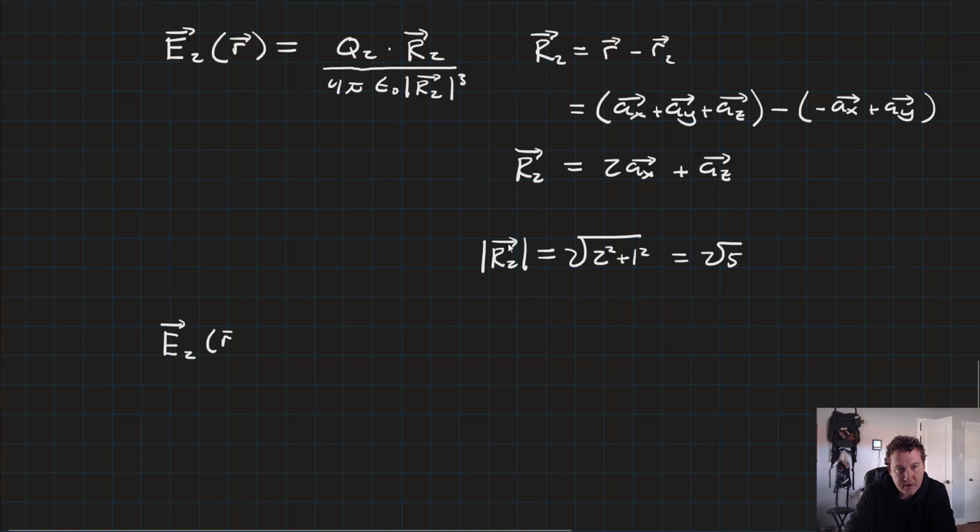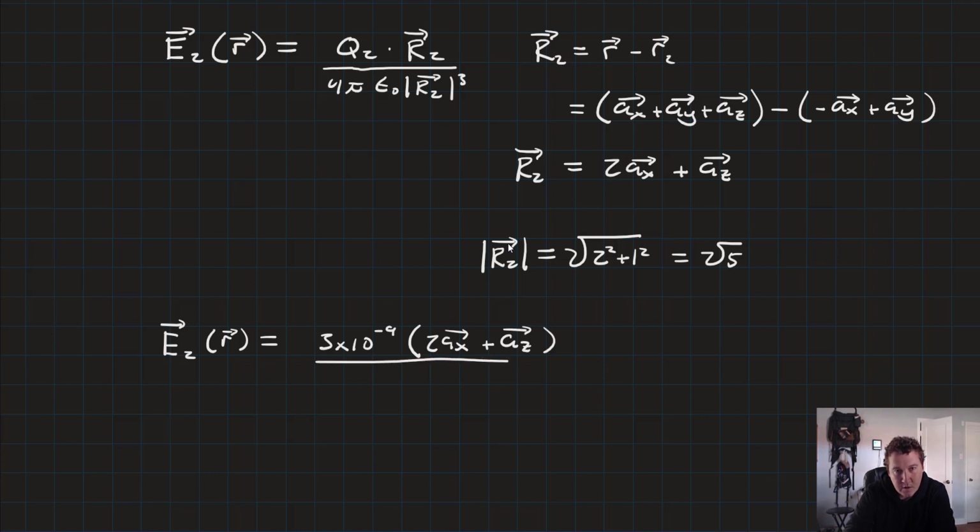So E2 as a function of r is equal to 3 times 10 to the negative 9 times 2ax plus az over 4 pi times 8.854 times 10 to the negative 12 times the square root of 5 cubed.